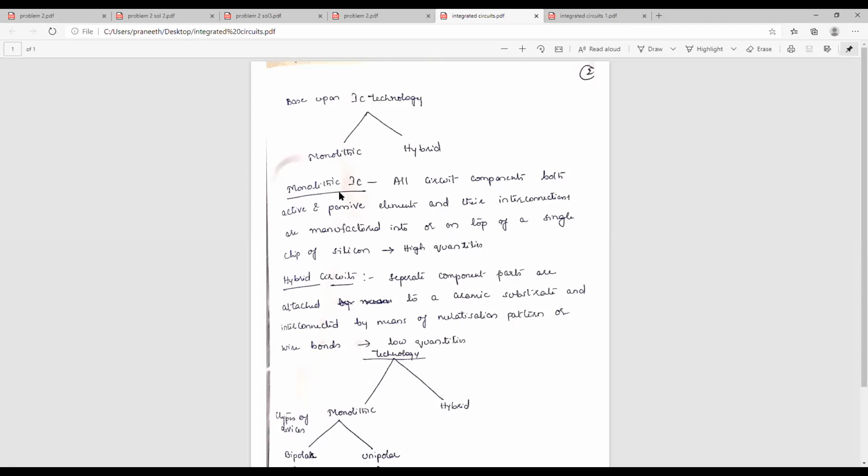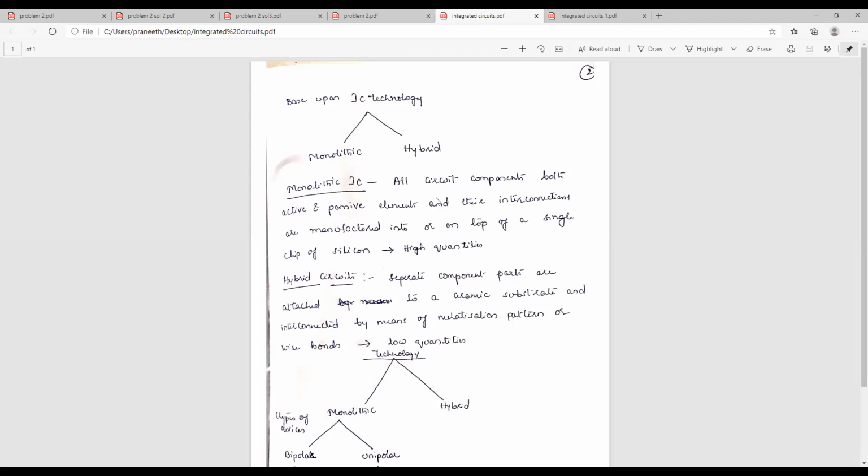Monolithic, the name itself is telling you that mono means single. Single means all the components, whether they are active or passive components, will be manufactured, fabricated on top of a single chip of silicon. Look here, that is what is written.